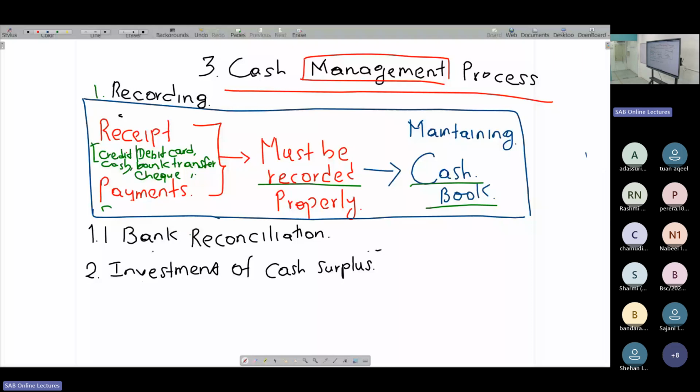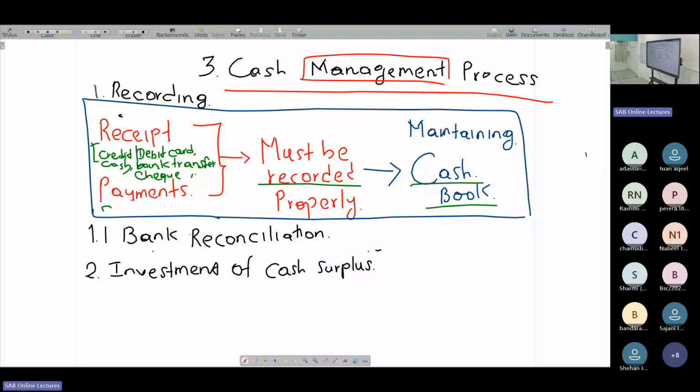You can transfer that money to investment sources: fixed deposits, shares, money market, or you can lend money to businesses as an investment loan. That is called investment of cash surplus.